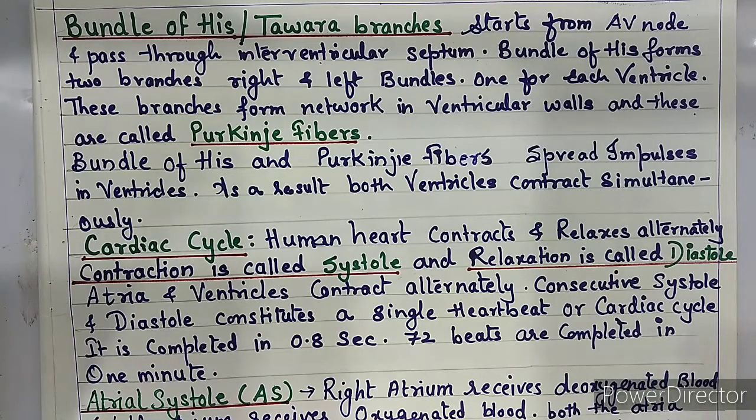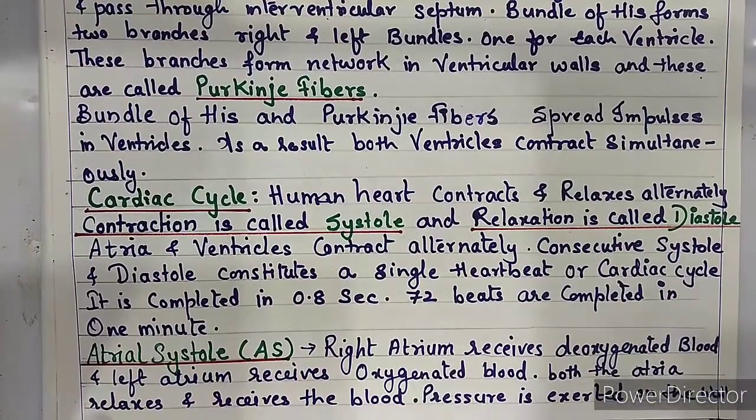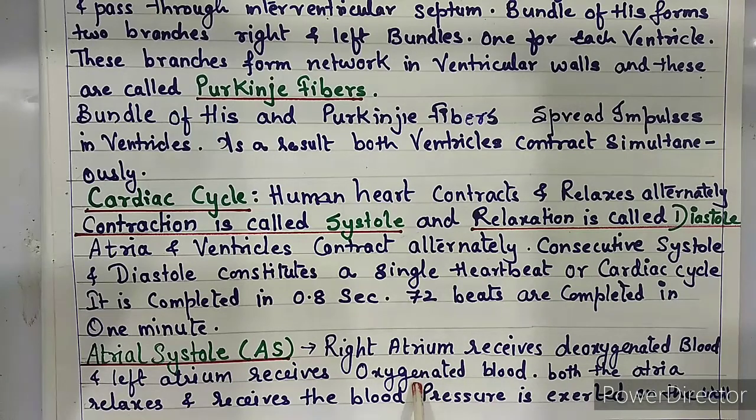Atrial systole means that when the upper chambers of the heart, the atria, contract, it forms the atrial systole. Here, the right atrium receives the deoxygenated blood, and the left atrium receives pure, oxygenated blood. Both the atria relax and receive the blood.